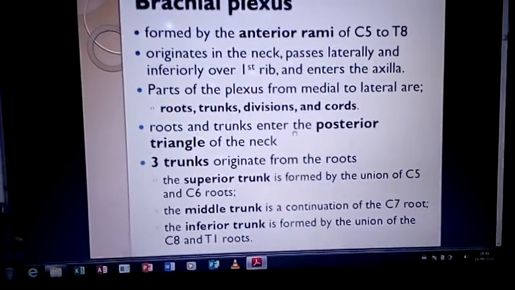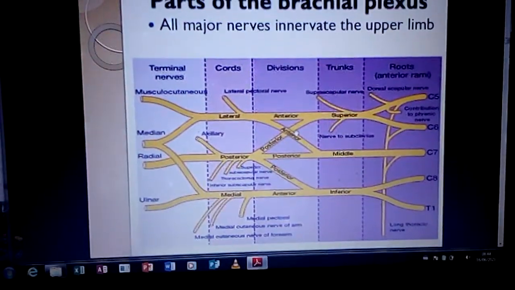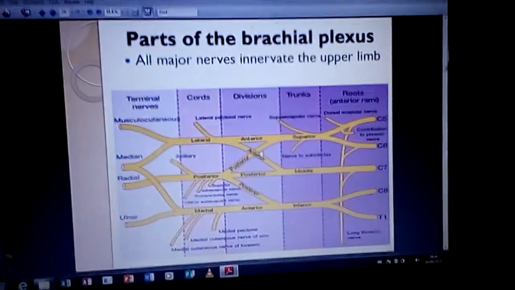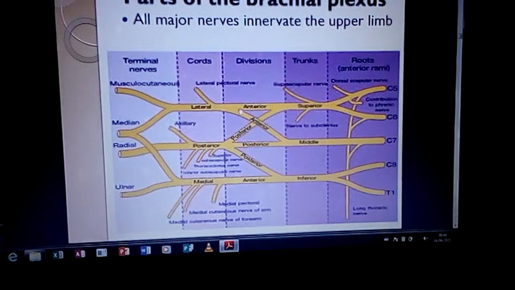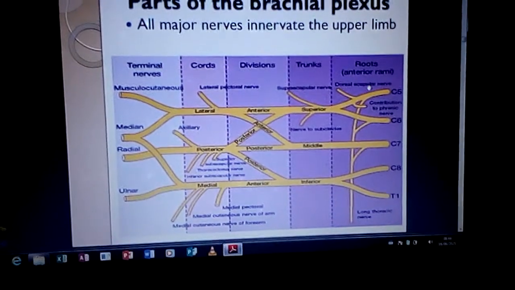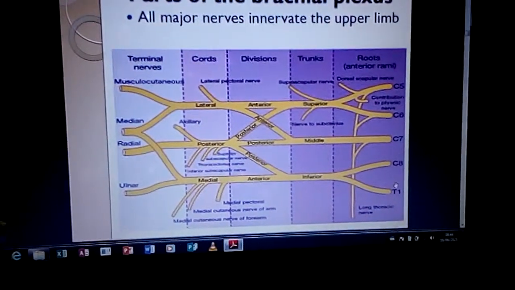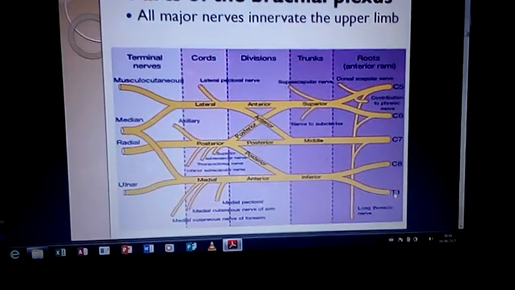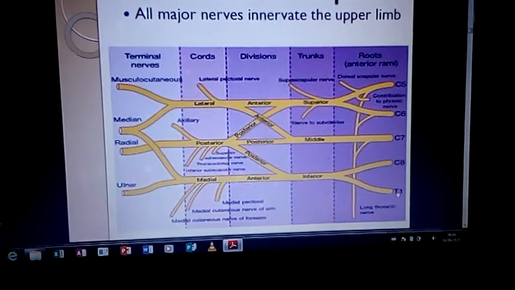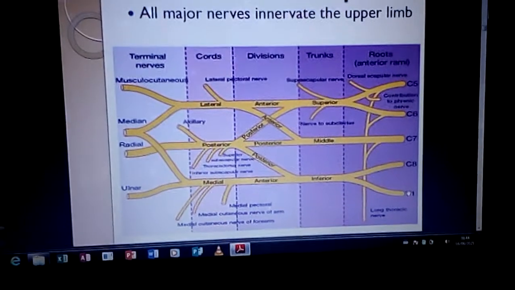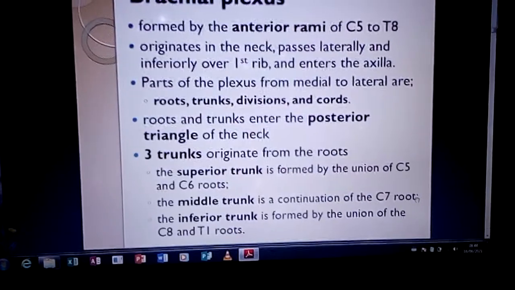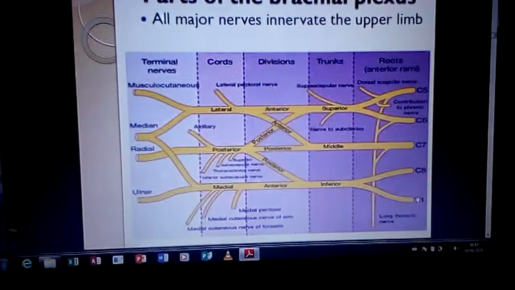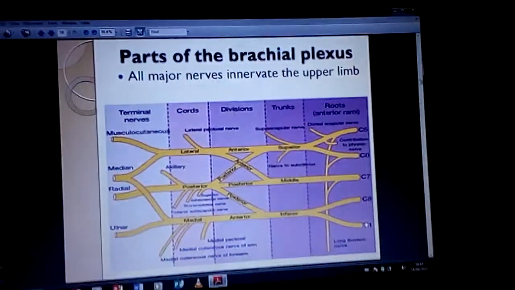So we have seen that we've got 5 plexuses, and we would like to concentrate on the bronchial plexus. The bronchial plexus runs from C5 to T1 on the spinal cord. Follow me properly.